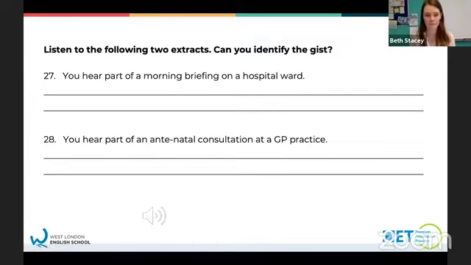Question 27. You hear part of a morning briefing on a hospital ward. Now read the question. Right, so overnight admissions to the ward. Greg, could you start us off? Sure. We have Sue Deans in bed 5. She's a 54-year-old female who was brought into the emergency department by police overnight. Okay. She has a history of poorly controlled paranoid schizophrenia.